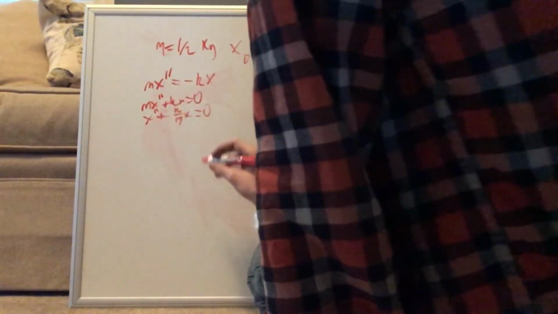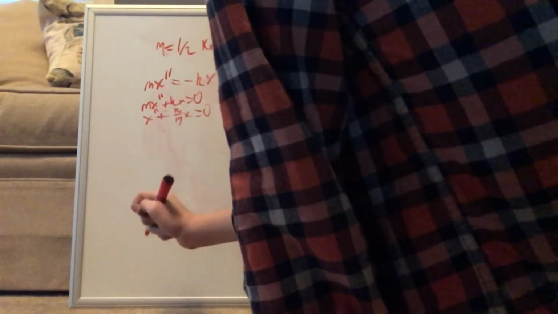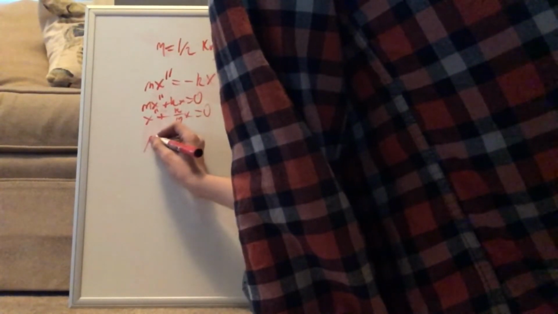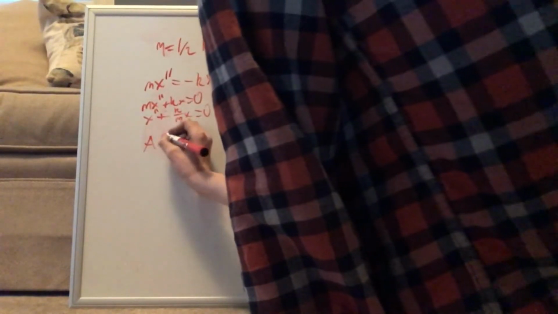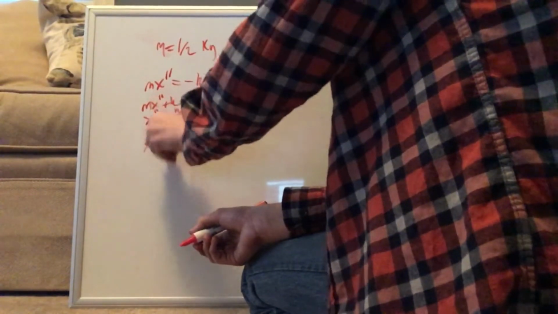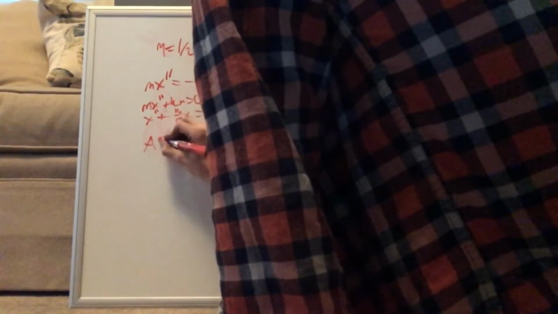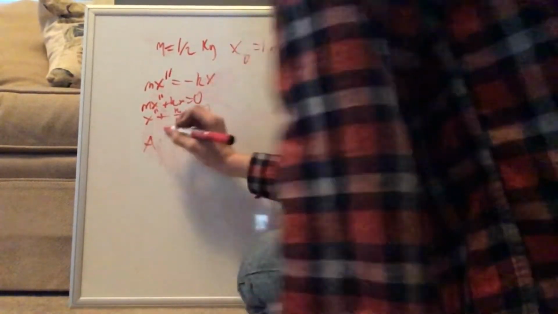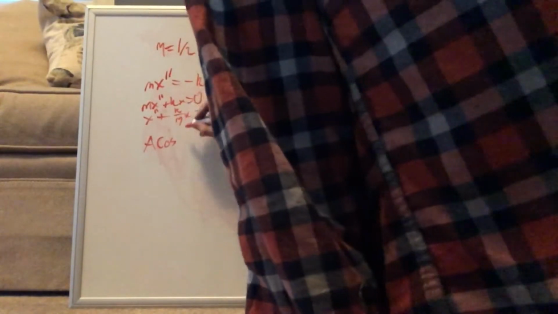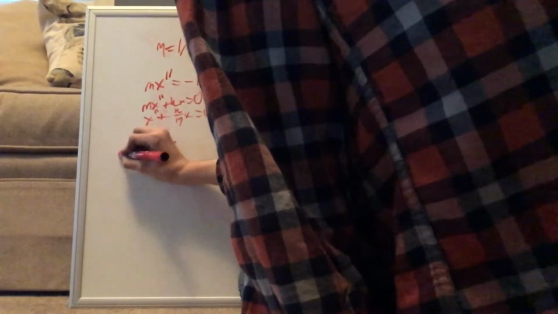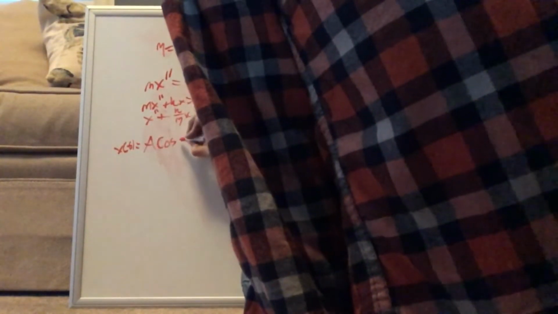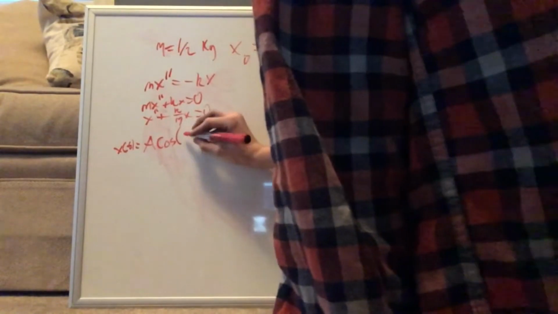So that's going to come out to a constant times cosine, so x of t equals a times cosine of the square root of k over m, t, plus b, another constant, times sine of the square root of k over m, t.